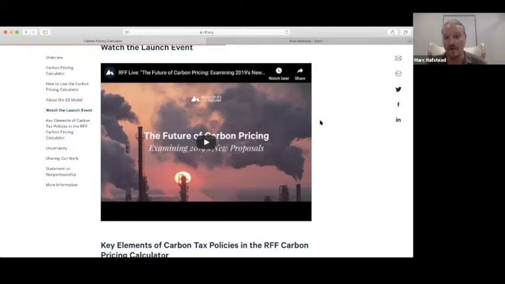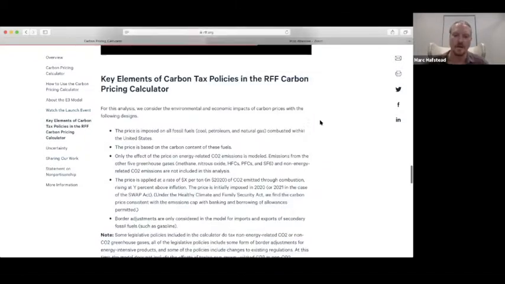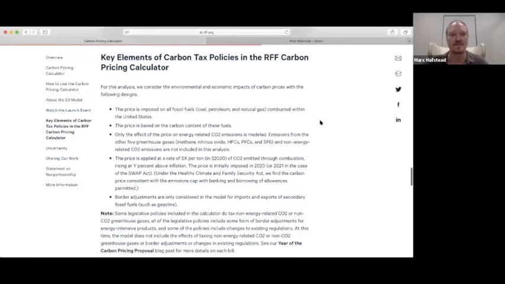Because as we know, besides the Energy Innovation and Dividend Act, we've seen 7 other carbon pricing bills introduced this year, and we discussed them. I just want to throw out some caveats here about what we can and can't model as we go through this. We are modeling a tax on energy-related carbon dioxide emissions.